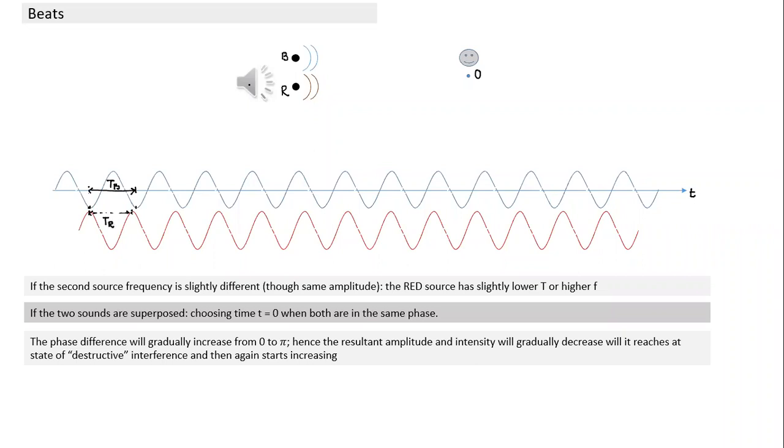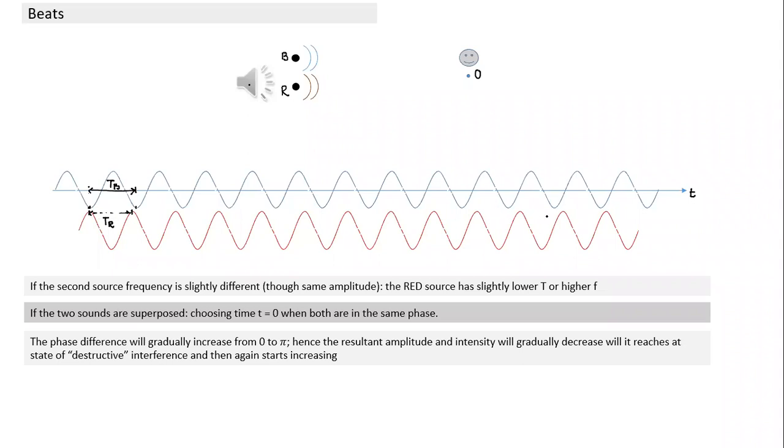Very easily you can understand: the time period of the red source is slightly smaller, or the frequency is slightly larger. So in a given time, whatever number of oscillations the blue source completes, the red source may complete more.